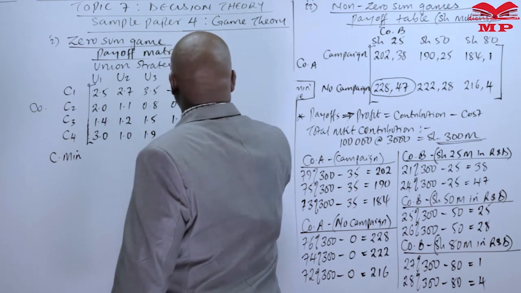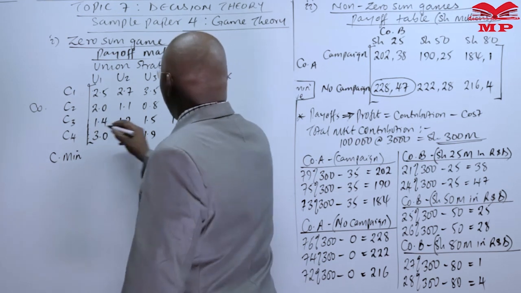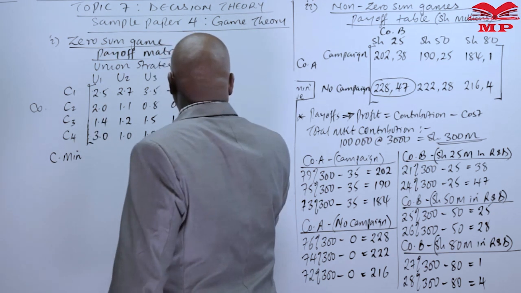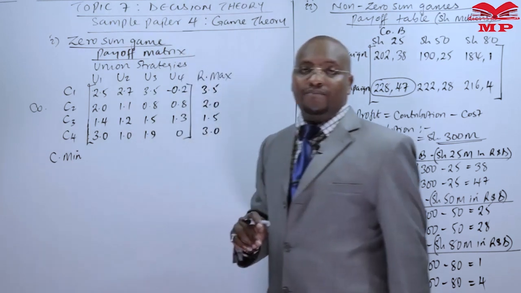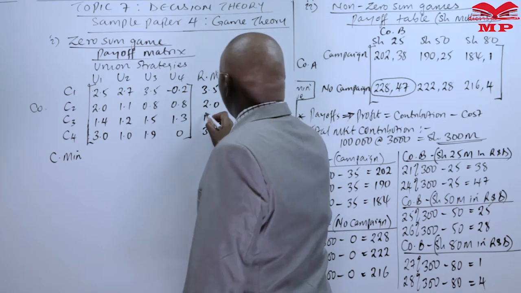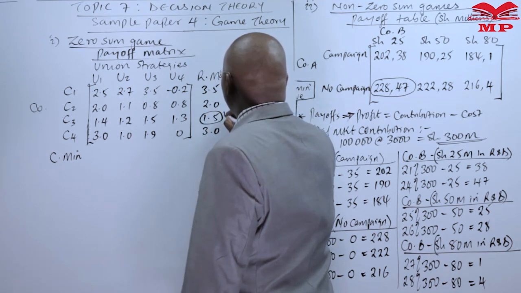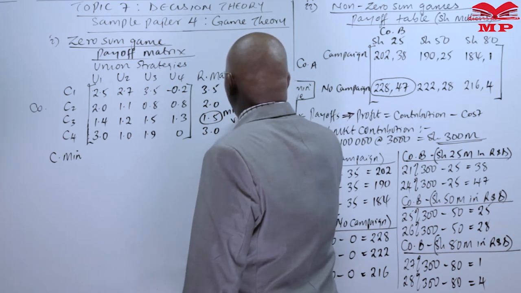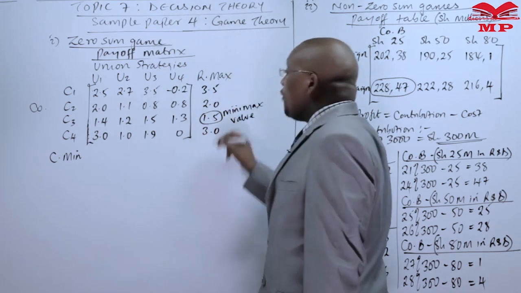Here is when they are awarding 2.0. Here is when they are awarding 1.5. And here when they are awarding 3.0, that is their worst. And therefore, they would rather award 1.5. And this is what you can call the minimum of the maximum.